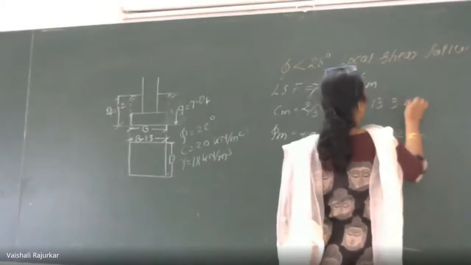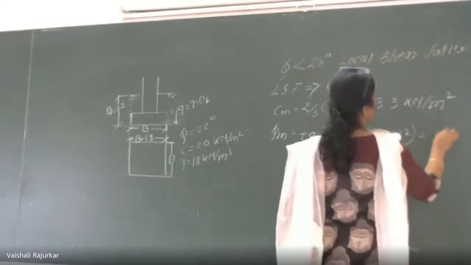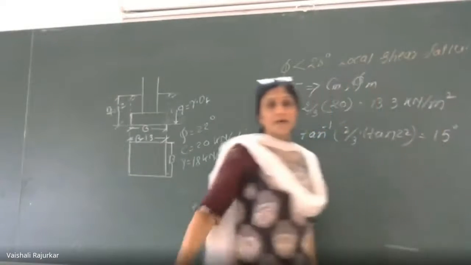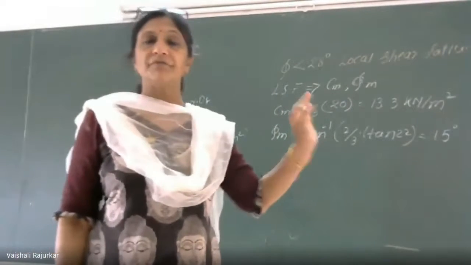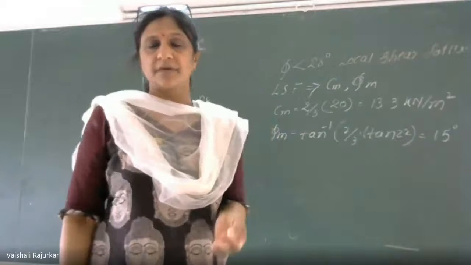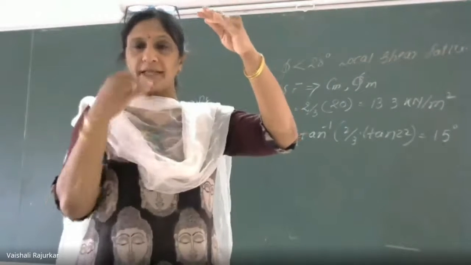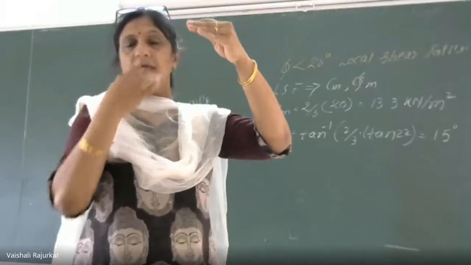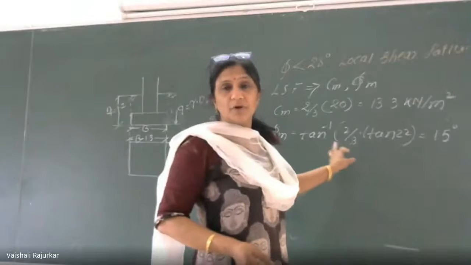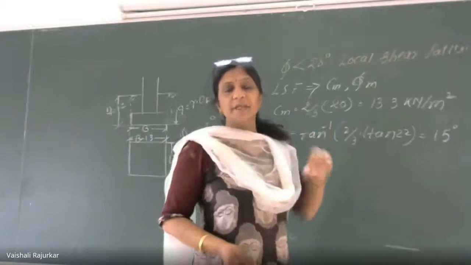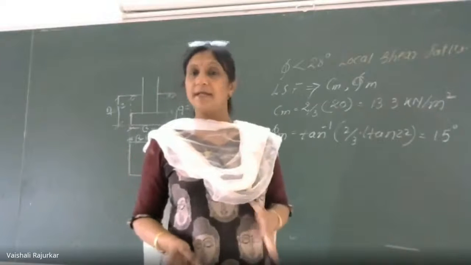So Cm is 13.3 kilonewton per meter square, and phi m is found to be 15. If the value directly comes to 15, fine. If it is not 15, sometimes it may be 13, and you have the table for 10 and 15. In that case you have to interpolate the values of NC, NQ and gamma.